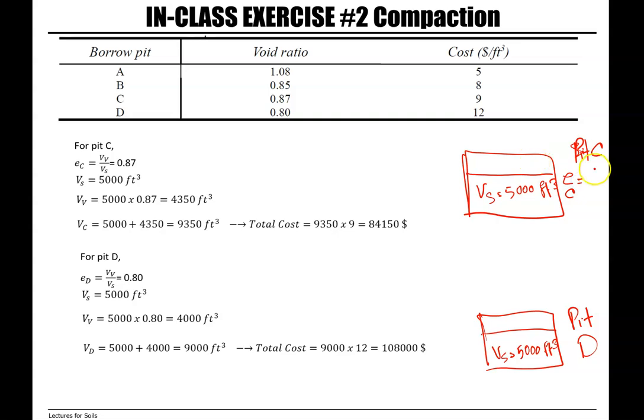Void ratio in pit C is 0.87. For D it is 0.80. We do the calculation for volume of void.